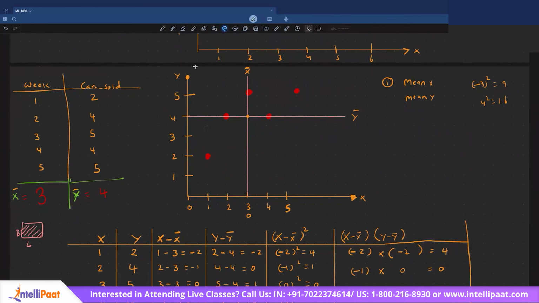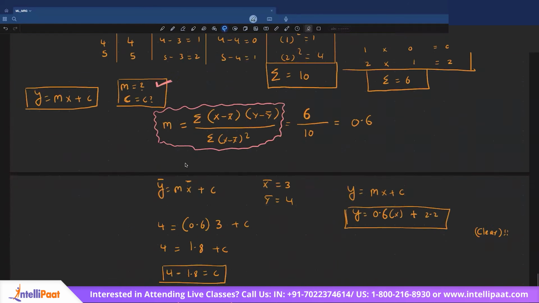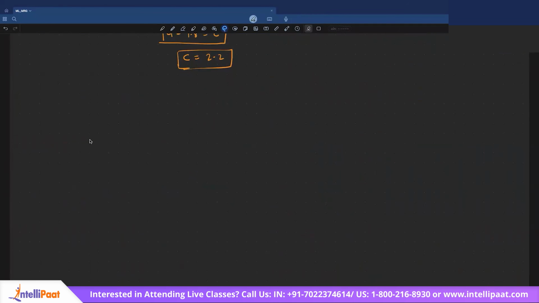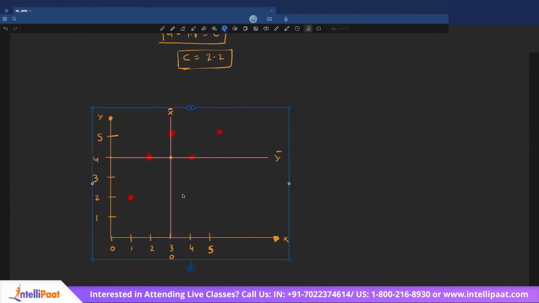Let me copy the graph and paste it towards the bottom. We got the equation of the line, y is equal to something like this. So we got a line that passes through the data like this.